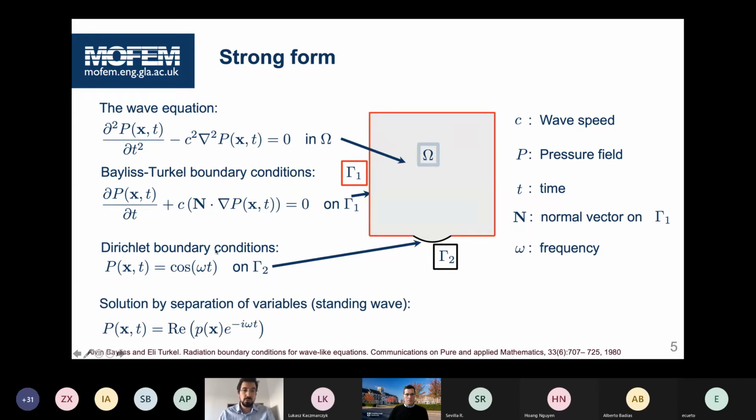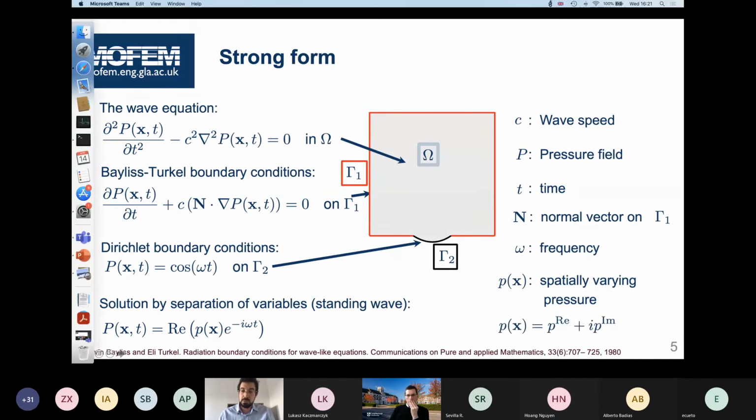By assuming that the solution of this system of equations admits separation of variables, we can try to find the solution of the pressure wave to be equal to the real part of this product here, where the right-hand part is the complex wave, and the left-hand part is a variable that varies only spatially, and we assume it to be a complex field with two independent variables, that is the real part and the imaginary part.